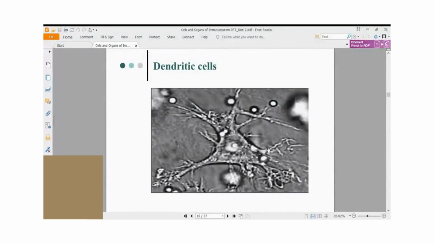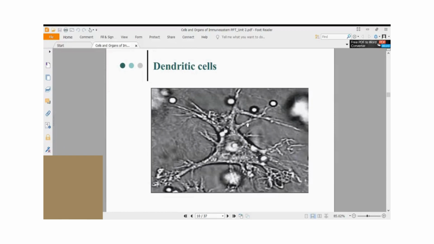They have their common origin together with the monocytes, therefore they share the same receptors that are there in the monocytes or the macrophages. And when they process the antigen, in the same manner as macrophages did, an exogenous antigen is presented on class 2 MHC. And when they encounter an endogenous antigen within their cytoplasm, that antigen is presented on class 1 MHC.